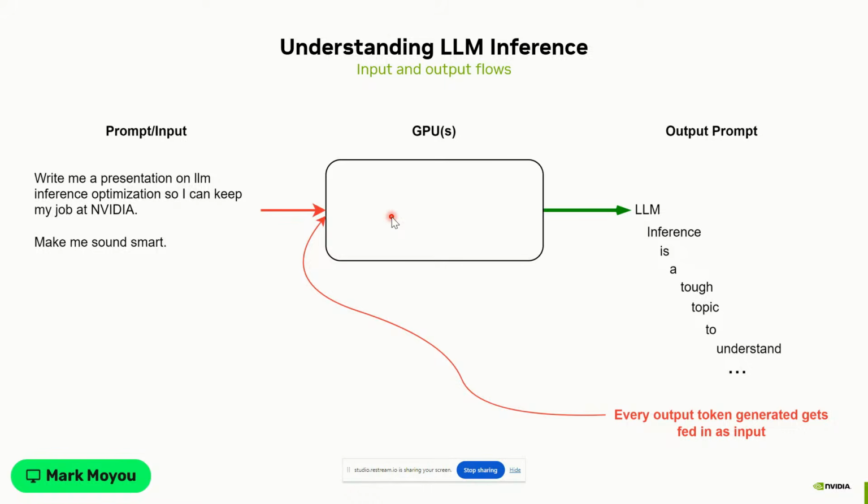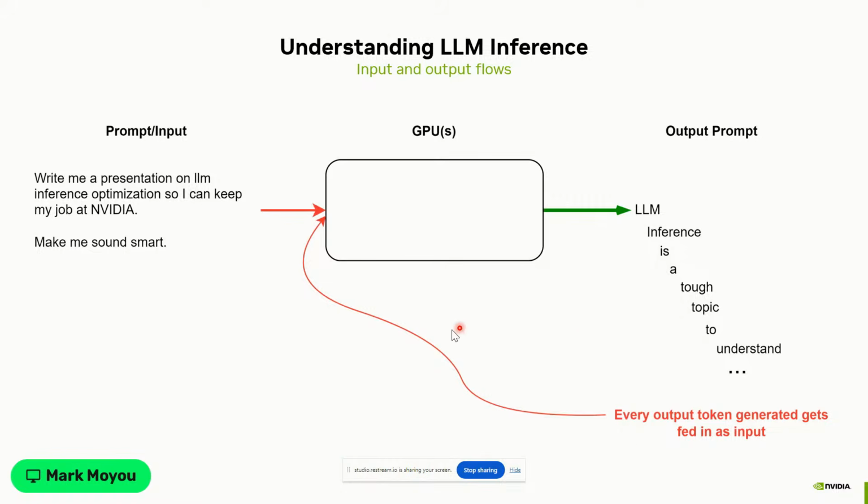And then on the right-hand side, you're seeing I have "LLM inference is a tough topic to understand." I put these staggered just so that you can keep in mind that these are different time steps. When this model generates its first token, "LLM" is the first token. And on the bottom here, every output token that is generated gets pushed back into the initial prompt.